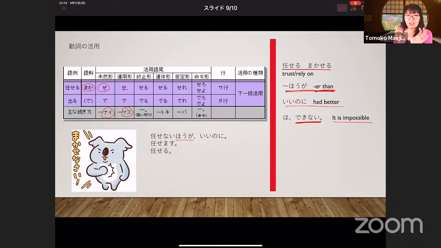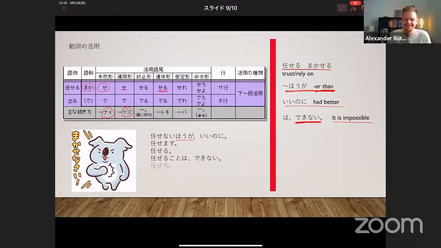How do you put them together? Makaseru koto. You just simply put them together. 任せることはできない.